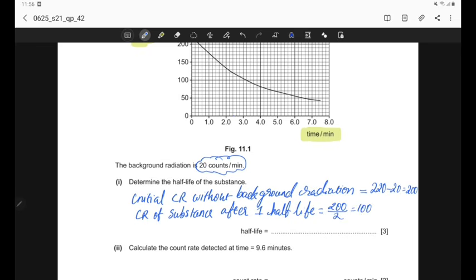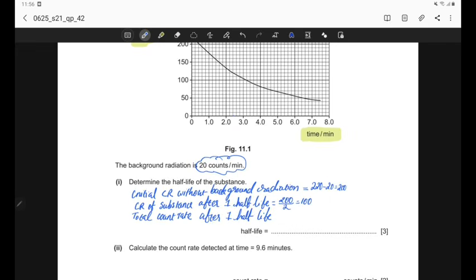But the total count rate after one half-life will be the count rate of the substance plus the background radiation. Background radiation will always be 20. So the total count rate will be 120 after the first half-life. Now we can look at the graph and check the time when the count rate is 120, which will be the half-life.